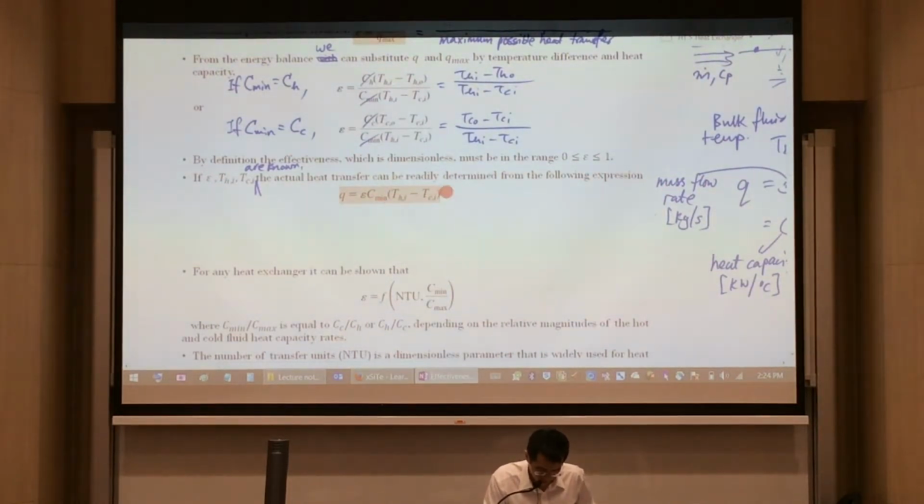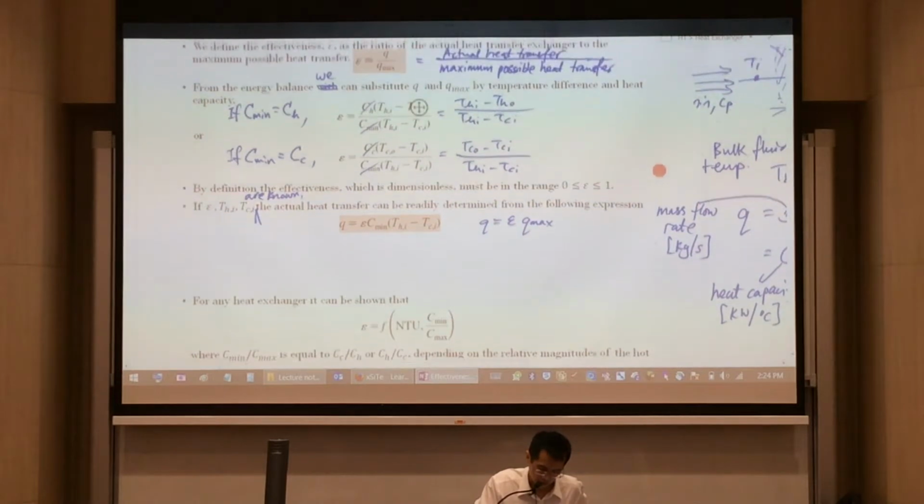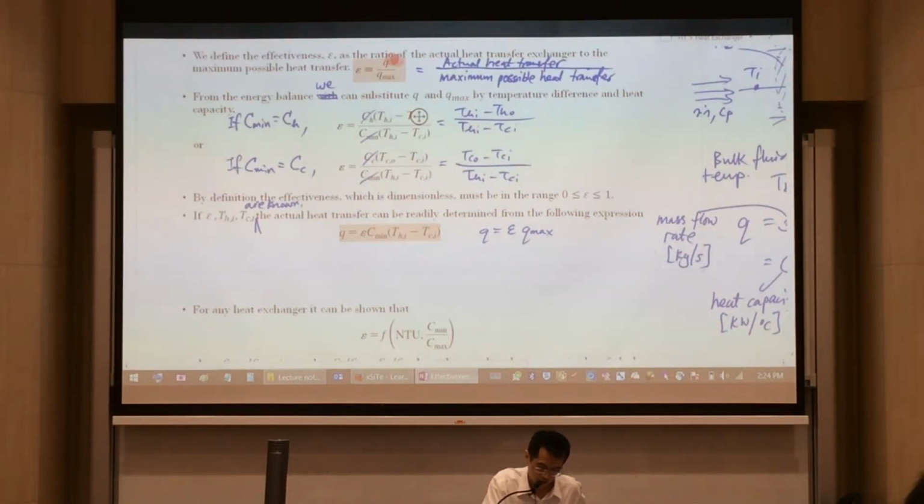This expression over here, and actually this expression is not a big deal. This one is just Q equal to epsilon Q max, right? Where it's coming from here, right? So this is just another way of writing the same thing.